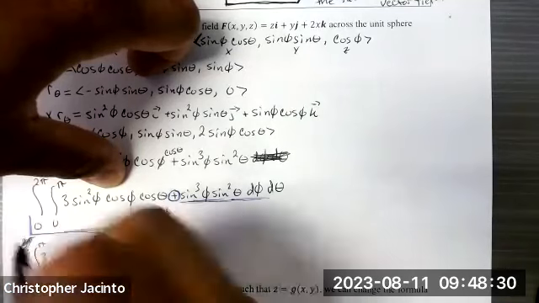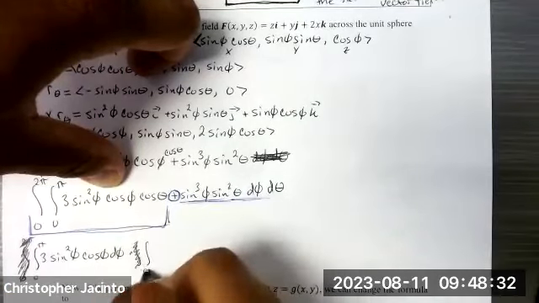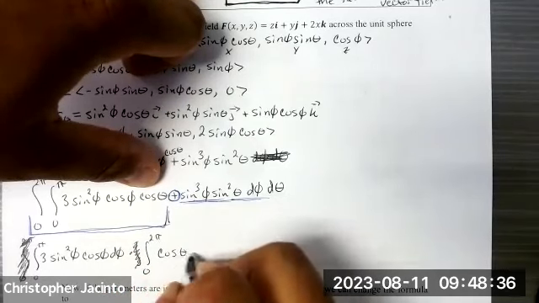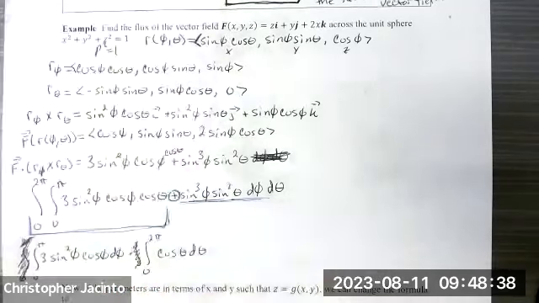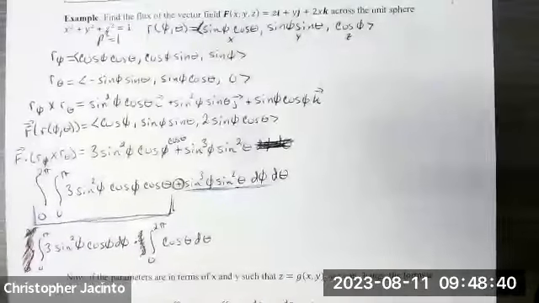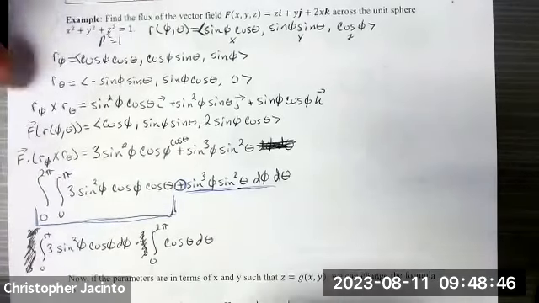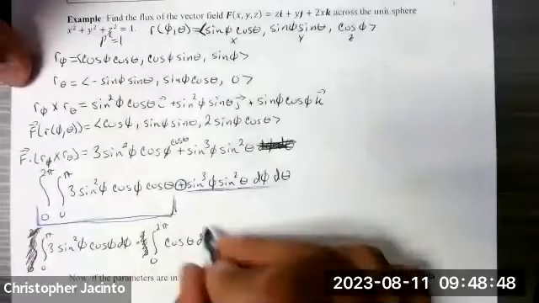Just a single integral of cosine theta. Right, we did this in the last question. Now, the reason I want to do this is, well, what's the integral of cosine theta?